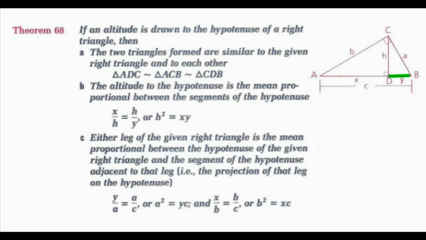So we could say y, which is a short side, over a, which is a hypotenuse, is equal to a, which is a short side, over c, which is a hypotenuse, which would simplify to a squared is equal to y times c. And we can also say that x over b, where x is a long side and b is the hypotenuse, is equal to b, where b is the long side, over c, where c is the hypotenuse, or b squared equals x times c.